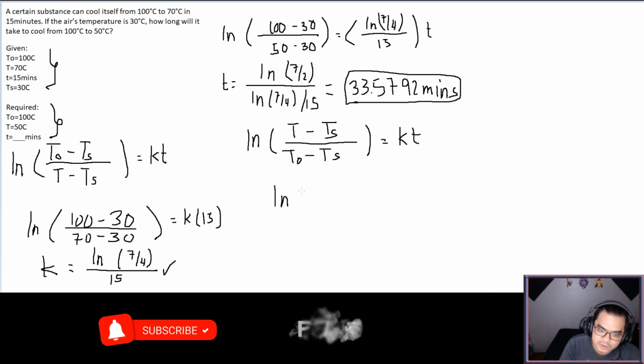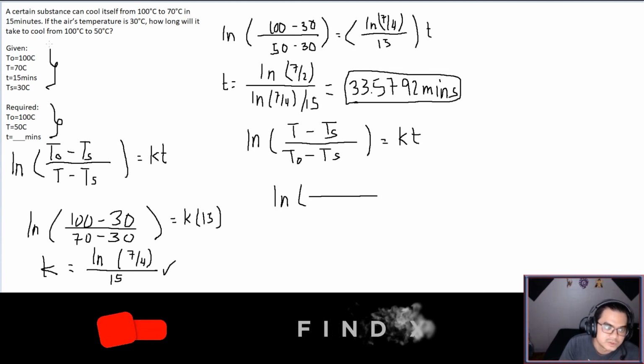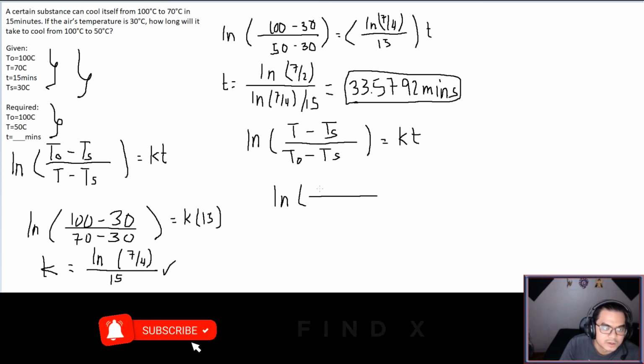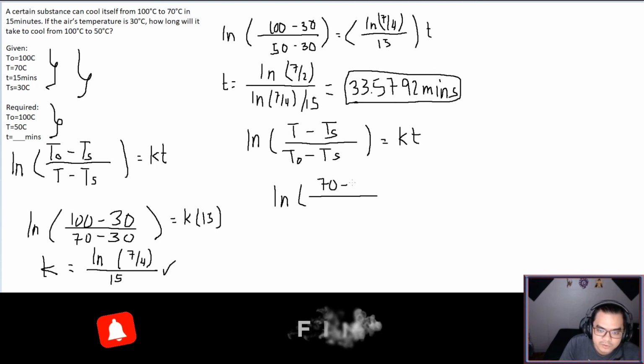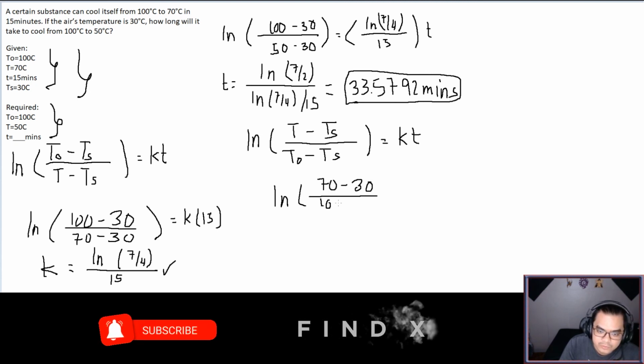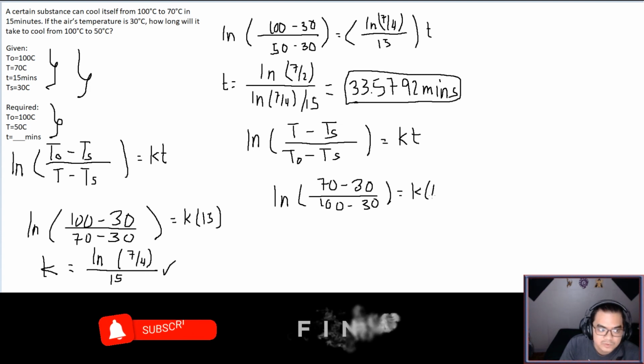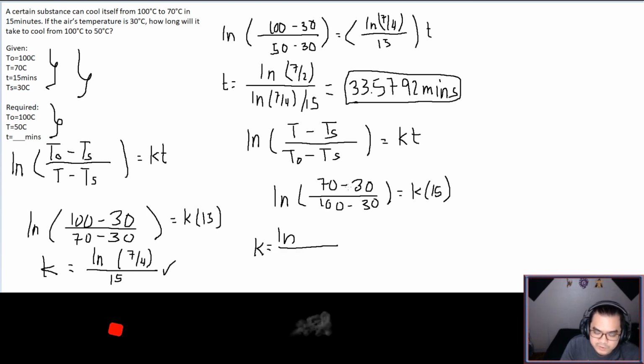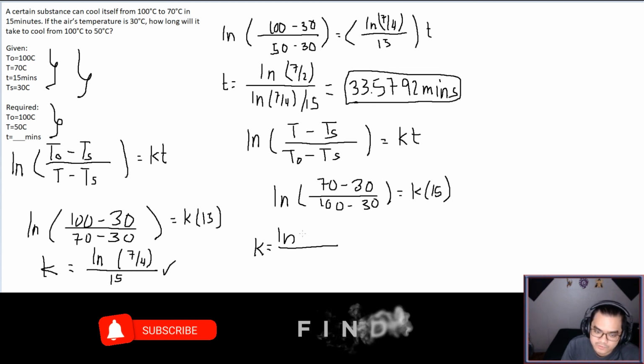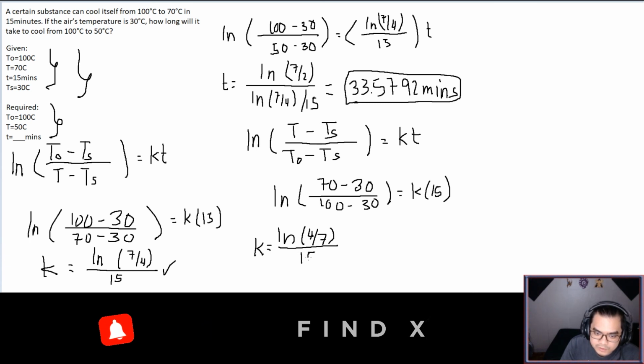You'll have ln times the final temperature, 70 minus 30, all over 100 minus 30, the initial temperature minus the surrounding, and this is all equal to k times 15. Therefore, the value of k will be equal to ln of 40 over 70, so we have 4 over 7, all over 15.